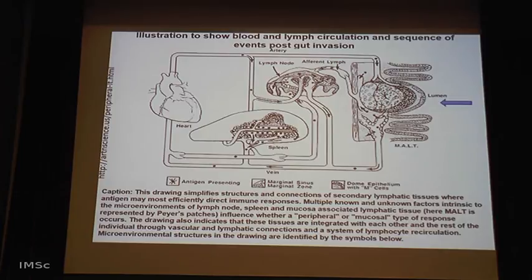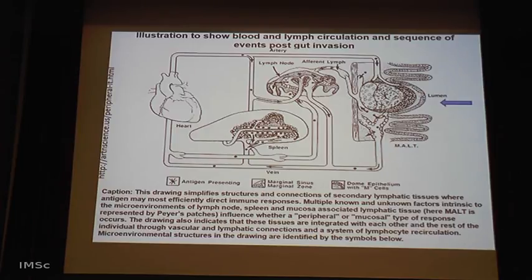So, once this gut barrier is breached or invaded, then it is very easy for such bacteria to reach all sorts of places. And that is where the importance of the connectivity is, but it can be a complete risk.